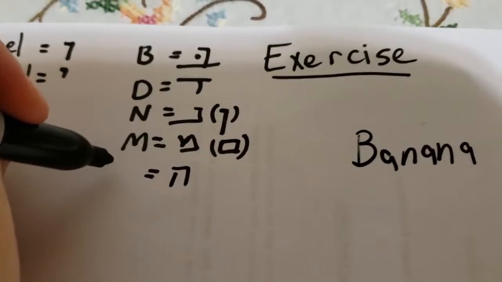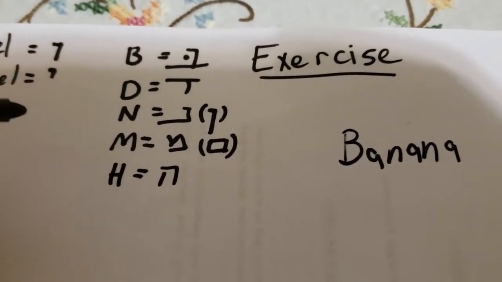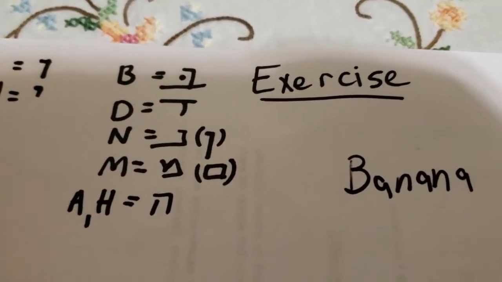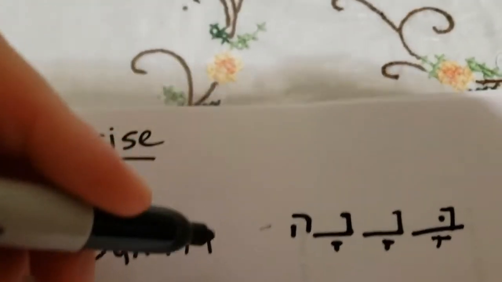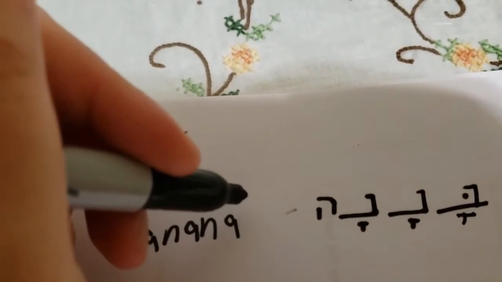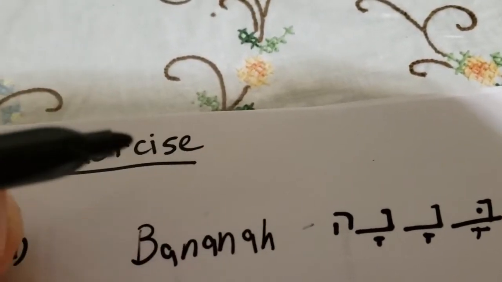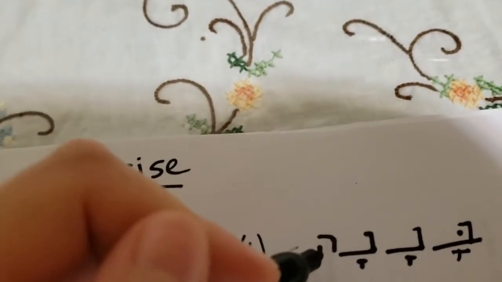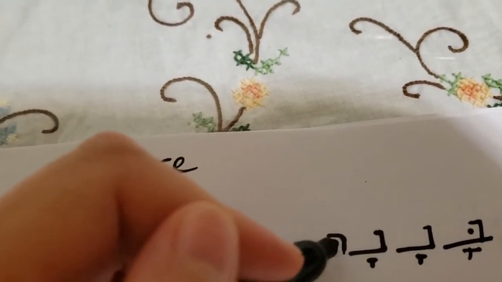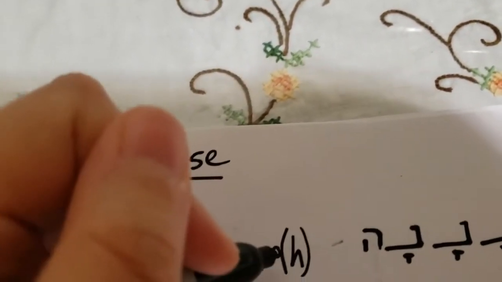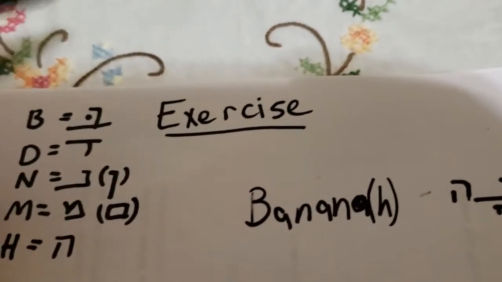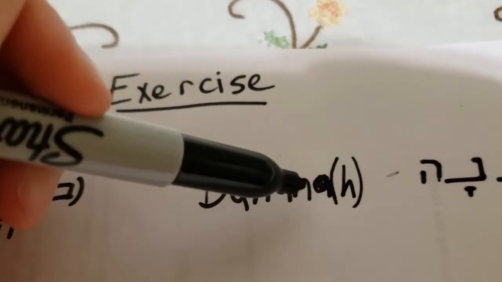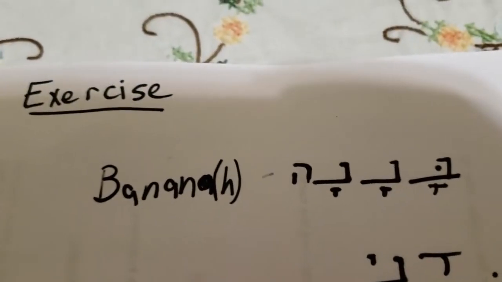Hey is like H, or like A, Ha, or A. So you could leave it silent, or just ignore it. This is like a form of ending the word, sorry. So we have here banana. Banana, which you guessed is banana.